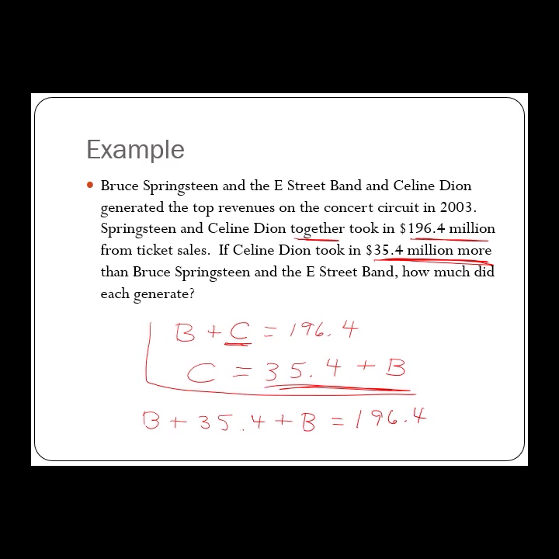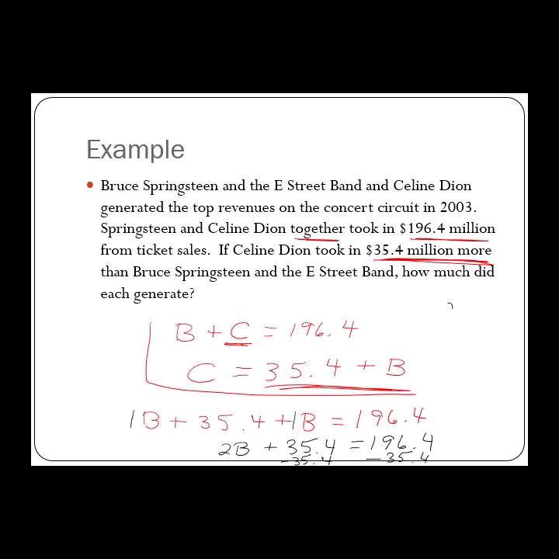So I'm going to say 1 Bruce plus 1 Bruce, 2 Bruce Springsteen plus 35.4. So that was combining like terms. I'm going to subtract 35.4 from both sides.